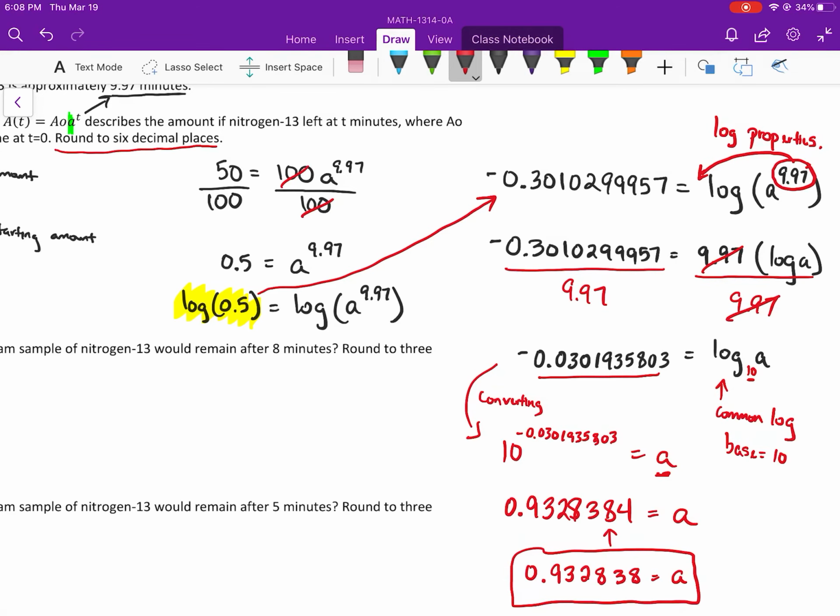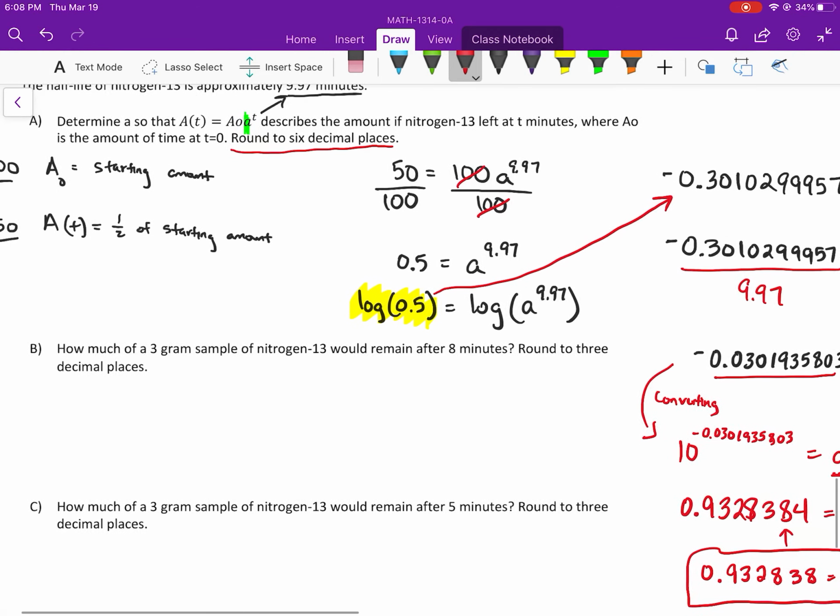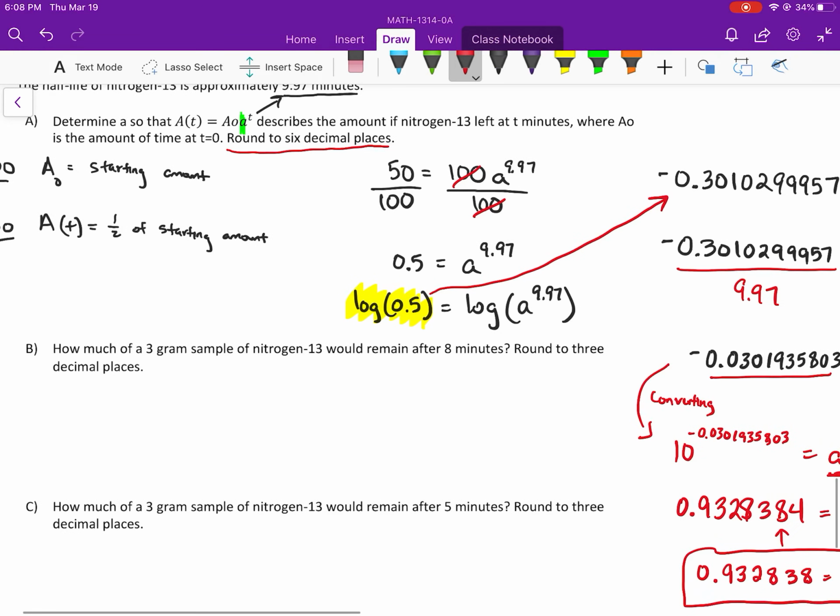Now, we did have a step 2 and a step 3. Let's scroll over here. Step 2 is B. How much of a 3 gram sample of nitrogen-13 would remain after 8 minutes? We are using this formula.